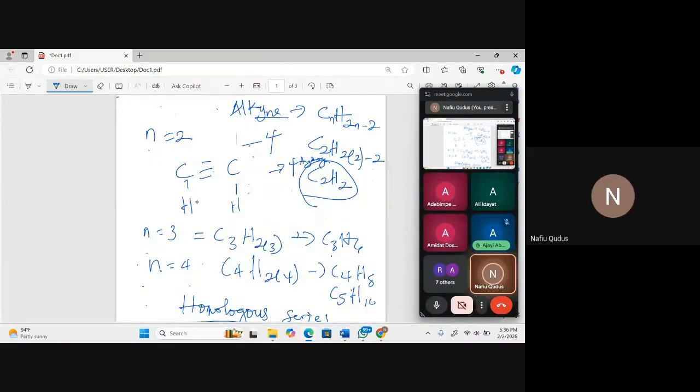This is what we have for the second member of alkyne, which is ethyne. We said the bonds that must surround the carbon must be 4, right?